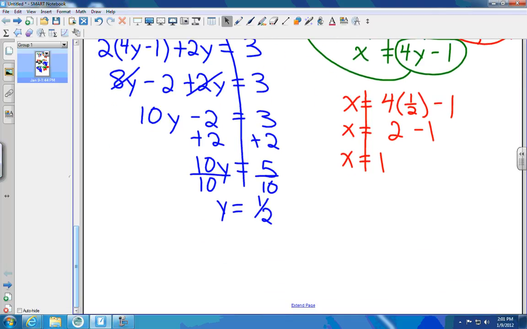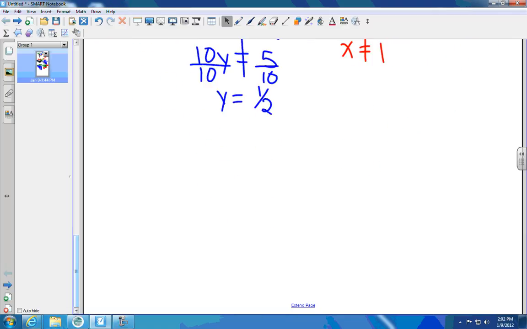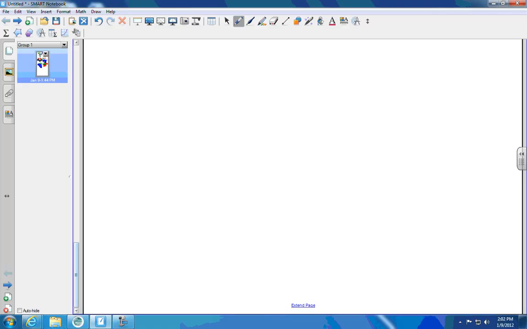So let's look then at your homework page. 408. Let's do 14 through 34. Doing exactly what we did on the board. Don't, on 14 and 16, don't answer those questions. Do exactly what we just did on the board.